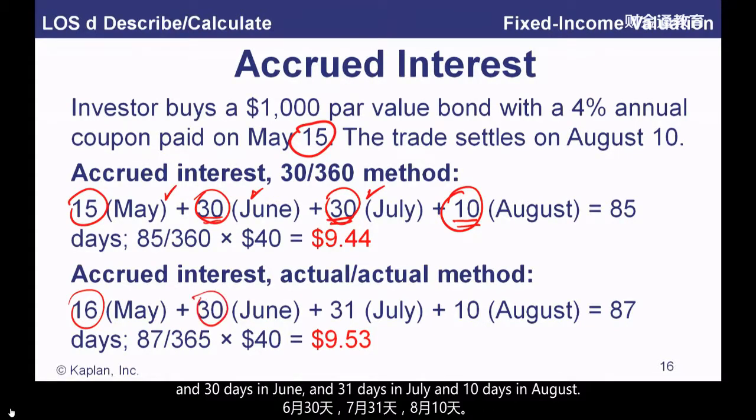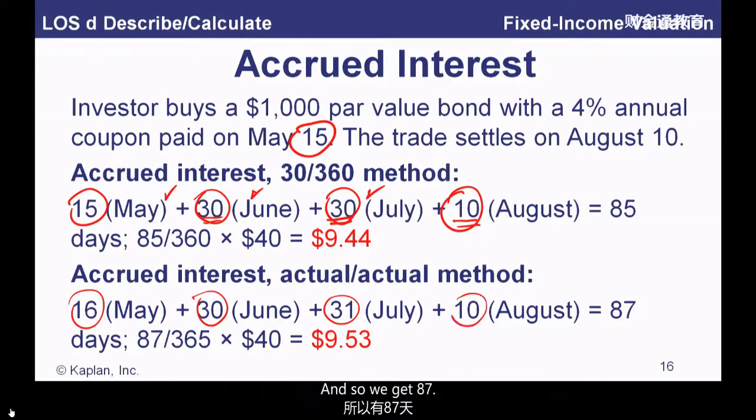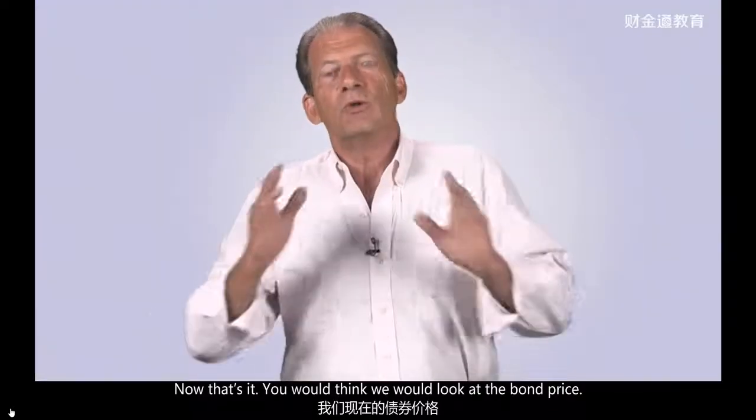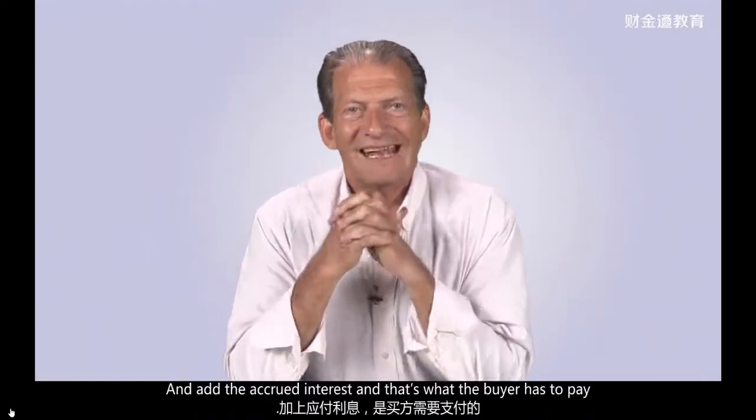And 30 days in June, and 31 days in July, and 10 days in August, and so we get 87, and actual, 87 over 365, that's the portion of the year that has passed, so the accrued interest is $9.53.